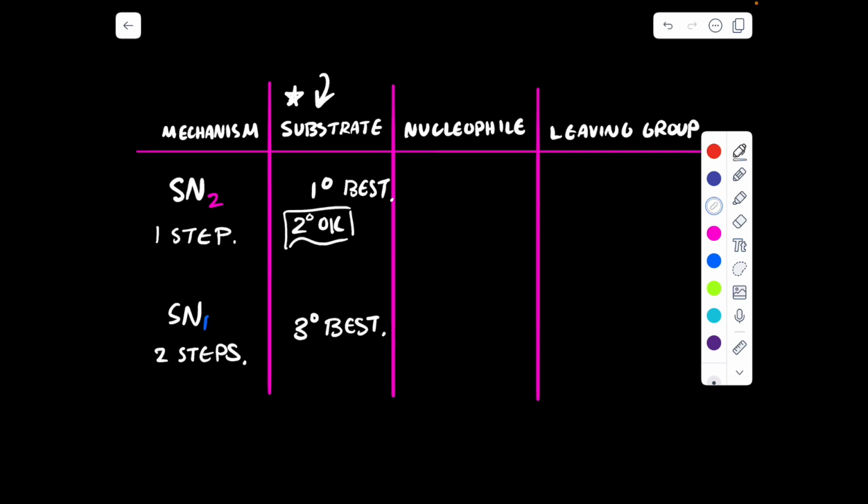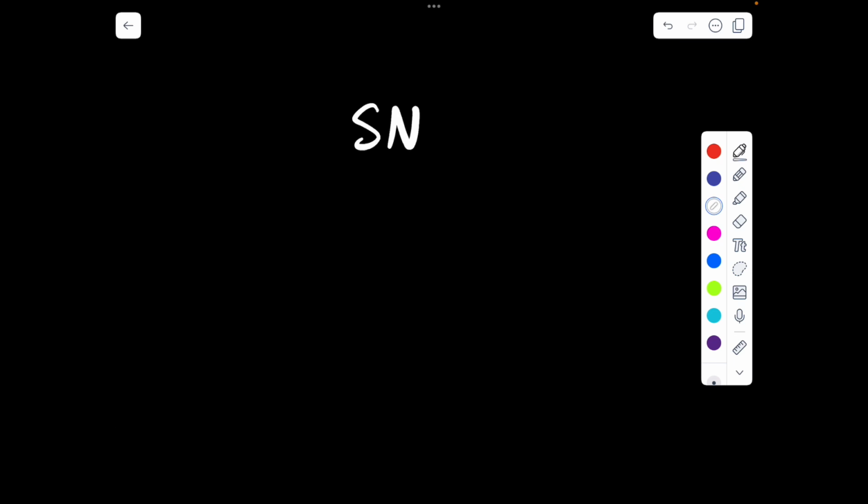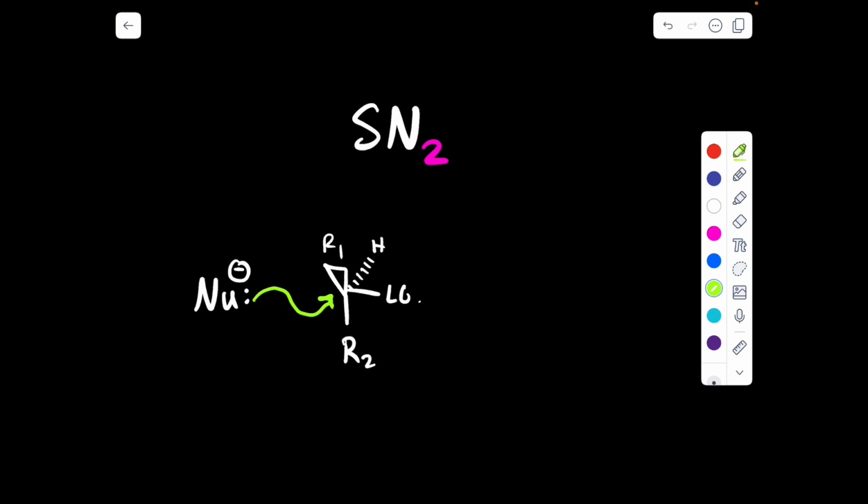So now the third thing we will be talking about is the nucleophile. So for an SN2 reaction, remember, going back to our mechanism, this reaction depends on both the concentration of the nucleophile and the substrate, because this reaction is one step where the nucleophile goes in, which forces the leaving group to leave out.